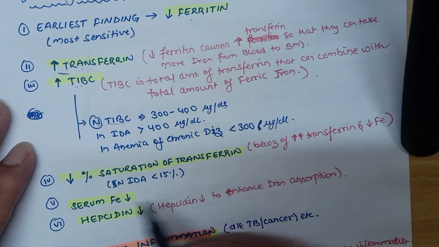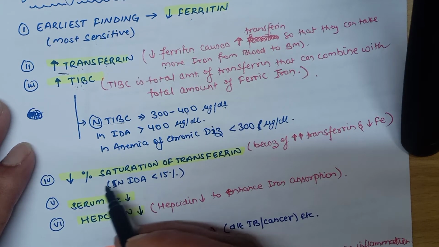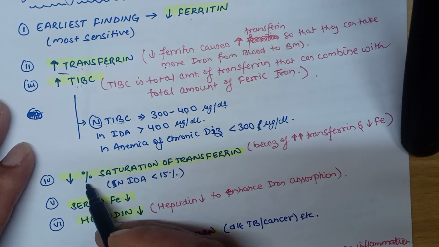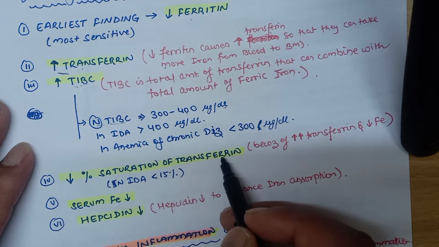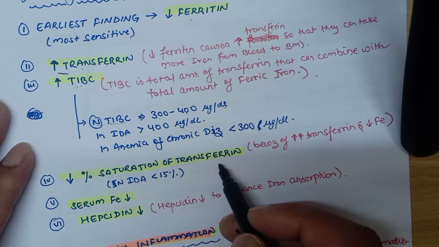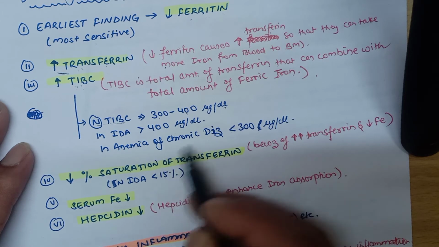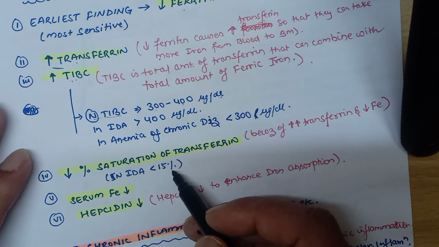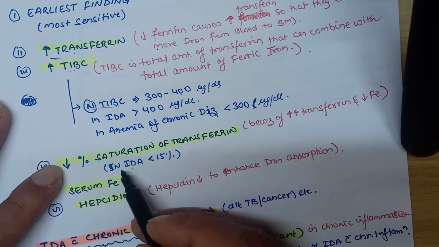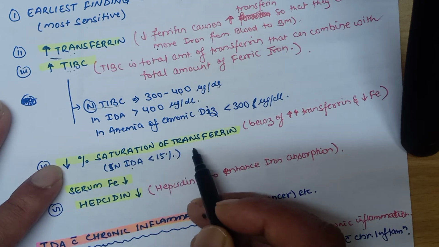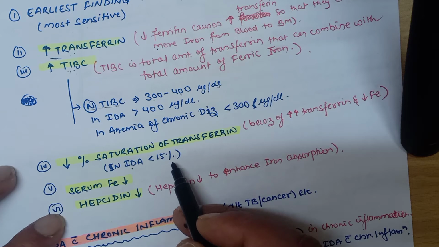There will also be decrease in percentage saturation of transferrin because of increased transferrin and decreased iron level. In iron deficiency anemia, the percentage saturation of transferrin will be less than 15%.